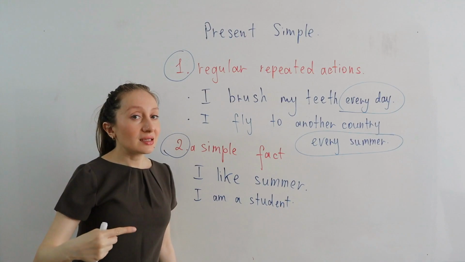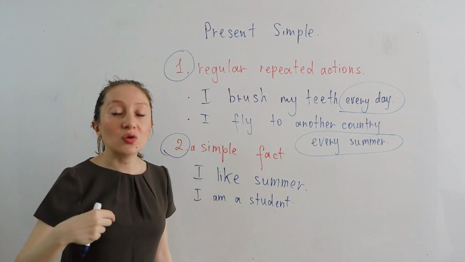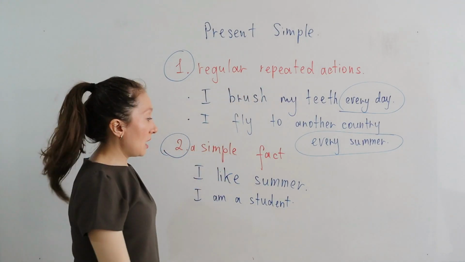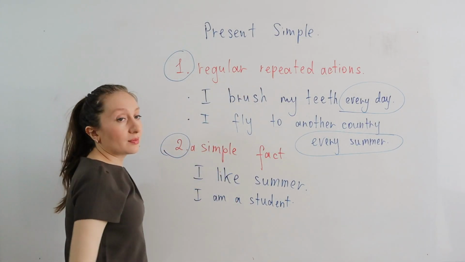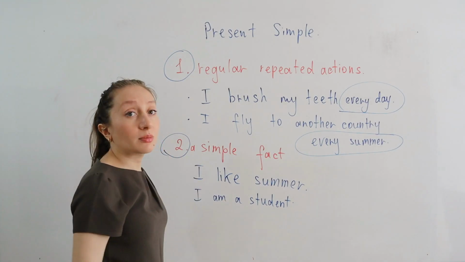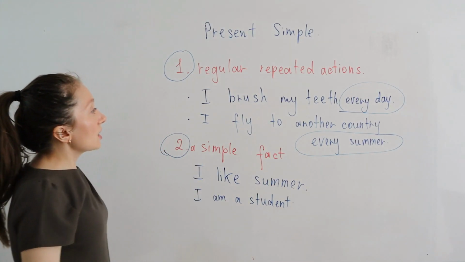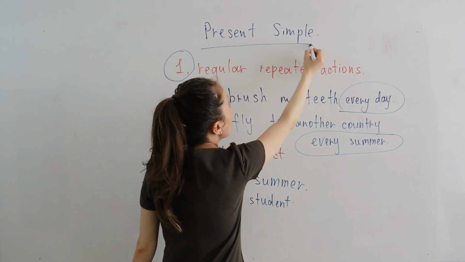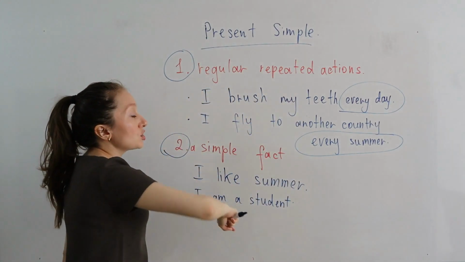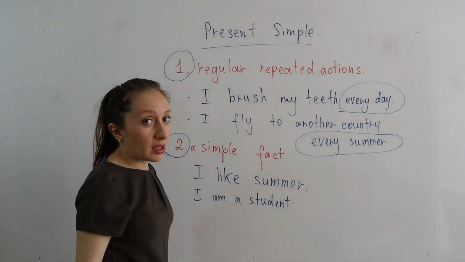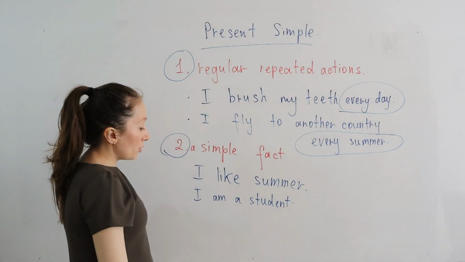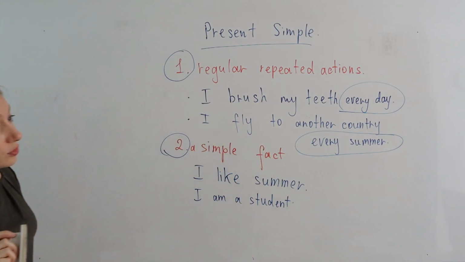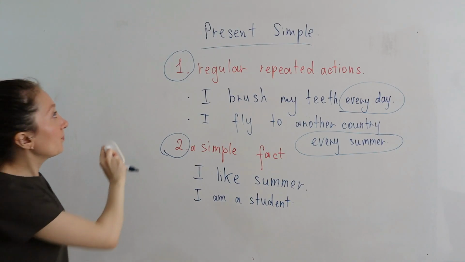Once again, try to repeat, try to remember regular repeated actions. And number 2, a simple fact. Some fact or information about yourself. Now we will go to the structure of present simple. These are the questions. Why and when do we use it? Now we will talk about the structure of present simple. Yeah, you can look at this one more time.